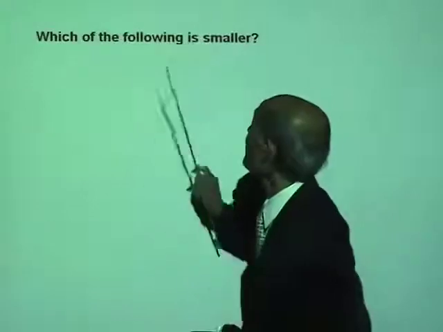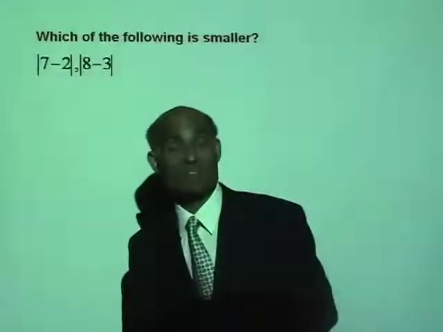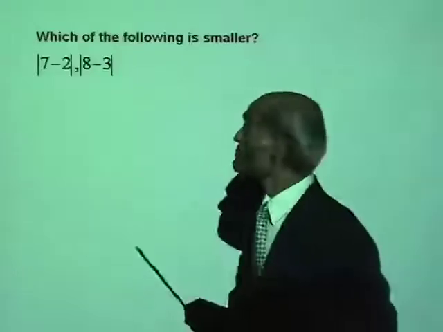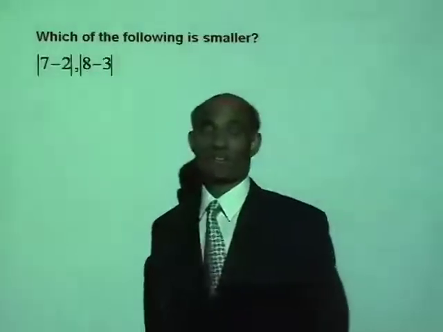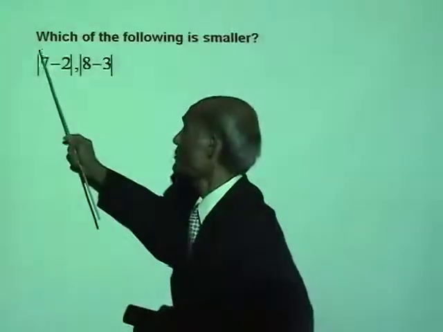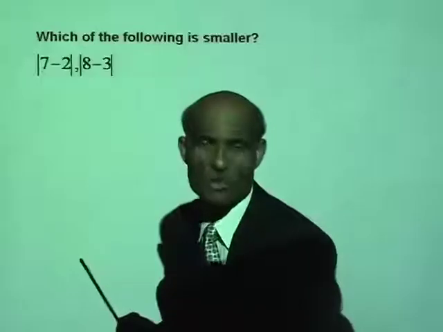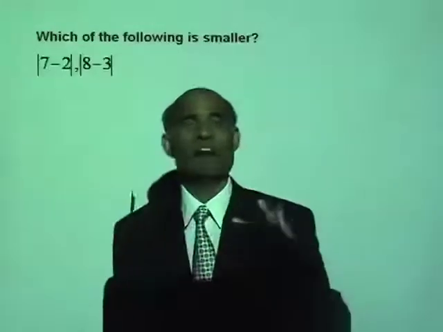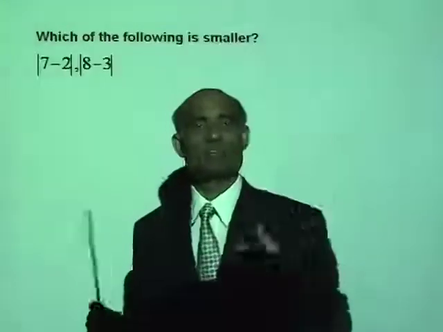Okay, let's move on. Which of the following is smaller? Absolute value of 7 minus 2. Absolute value of 8 minus 3. Alright, give me the values of this. What is the absolute value of 7 minus 2? 7 minus 2 is 5. Absolute value of 5 is 5.